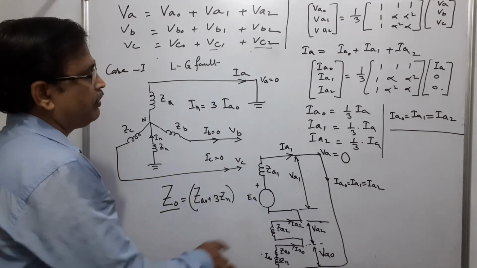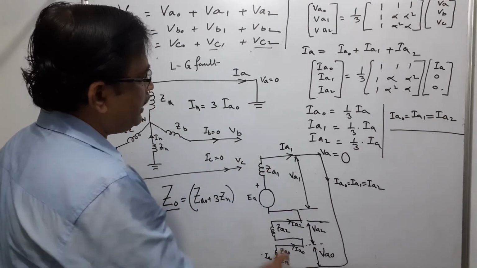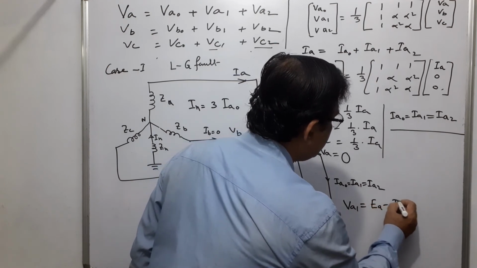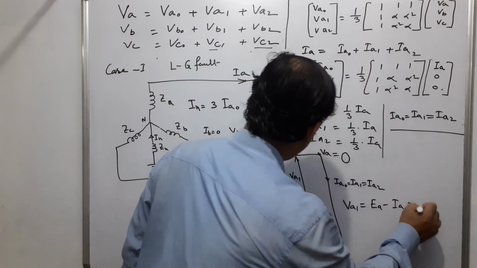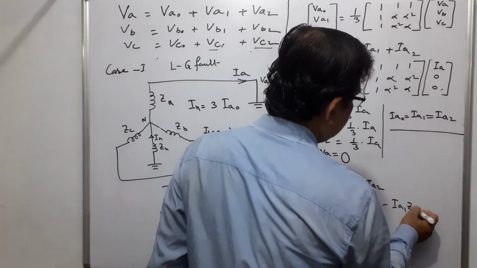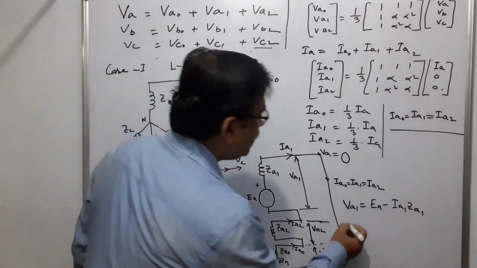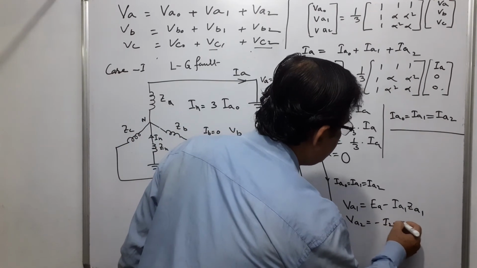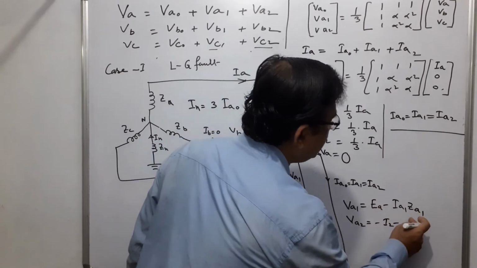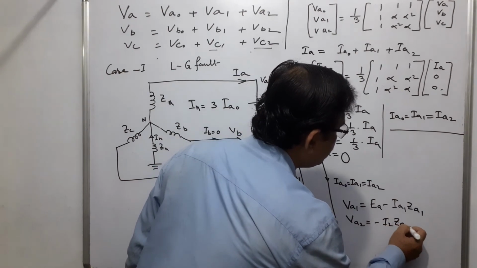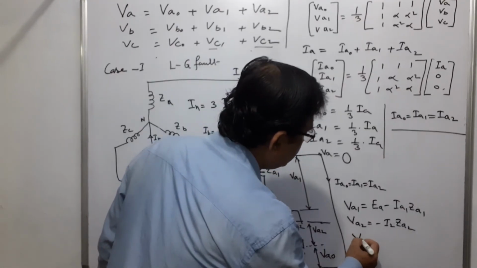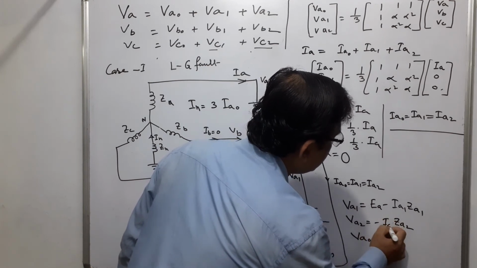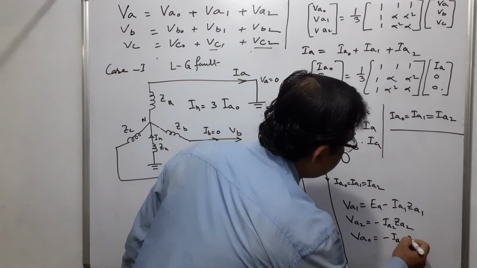Now VA1 is equal to EA minus IA1 ZA1, and VA2 is equal to 0 minus IA2 Z2, since EA is 0 for the negative sequence. And VA0 is equal to minus IA0 into Z0.